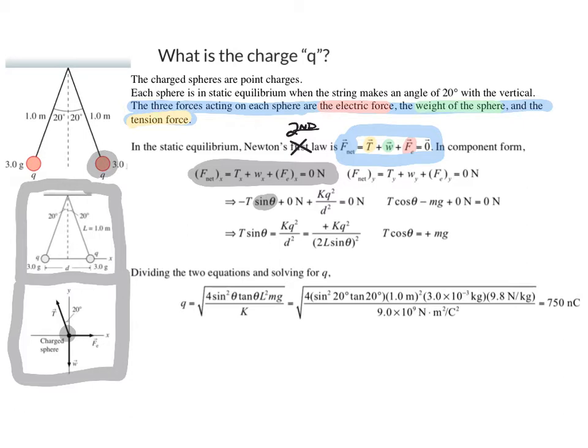Well, this angle right here, opposite over hypotenuse. That's why it's sine. It's really important that we understand that the x component ends up being a sine because of where the angle is in our interaction.